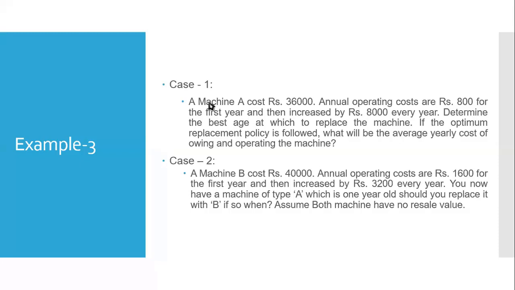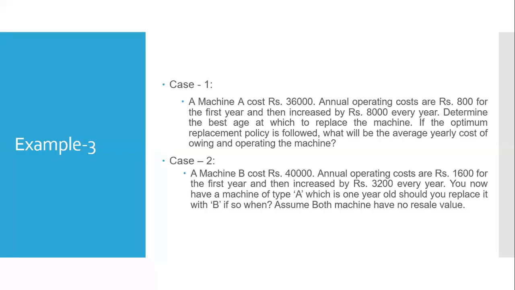Machine A cost is 36,000, so its capital value is 36,000. Annual operating cost is 800 rupees for the first year, and then it is on increasing order by 8,000 every year.